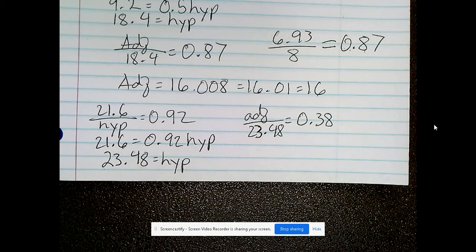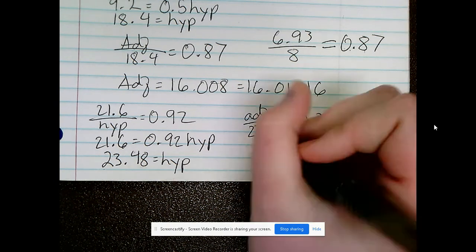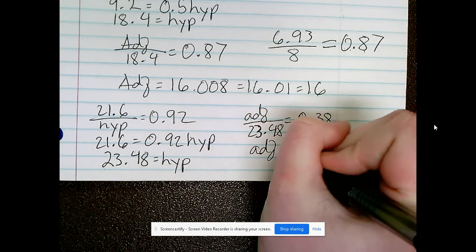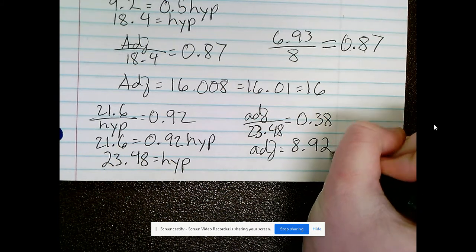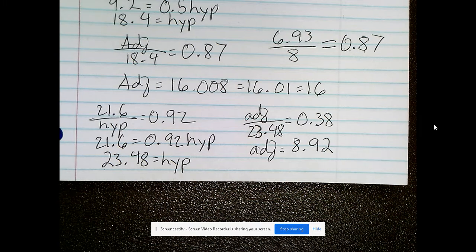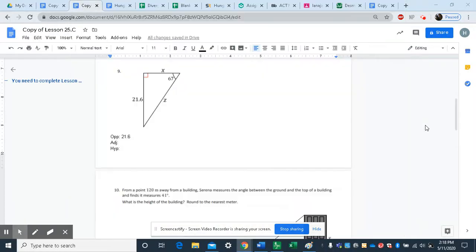So 23.48 times 0.38 gives us the adjacent equaling 8.92, because when you multiply it out, you get 8.9224, which rounds to 8.92 at 2 decimal places. So we're going to come back over and fill in the sides that we just figured out.